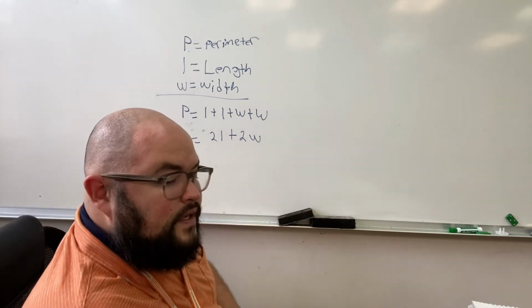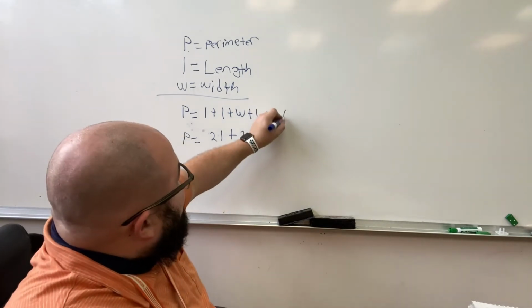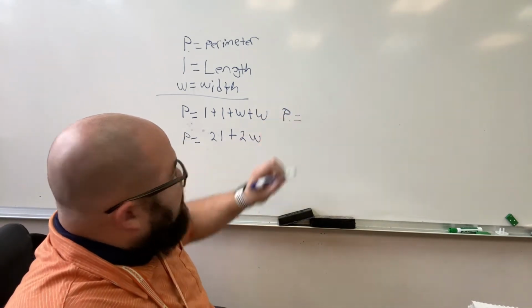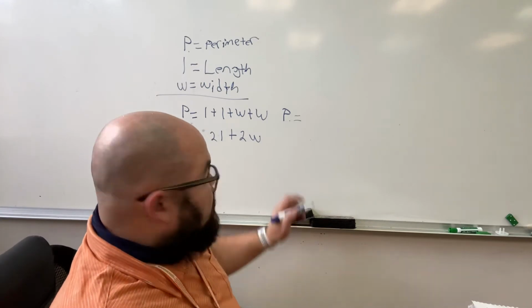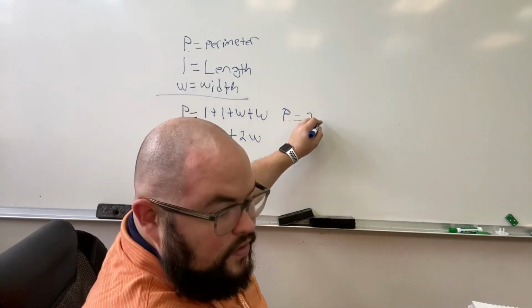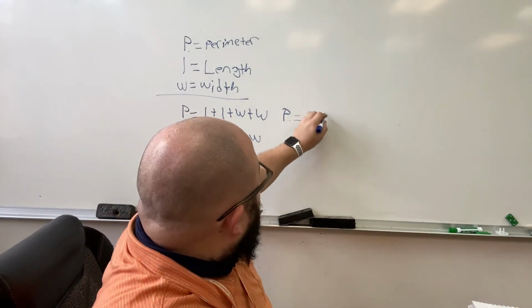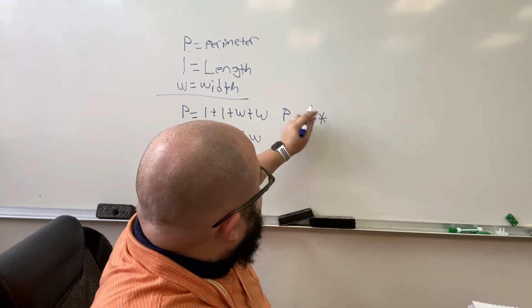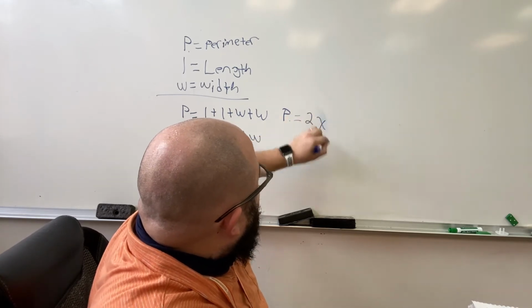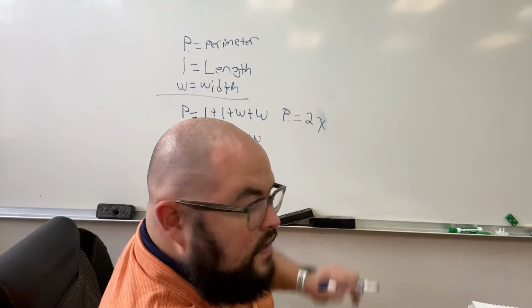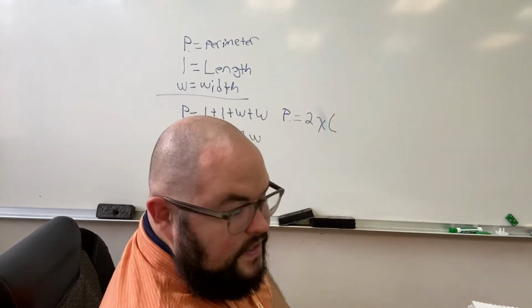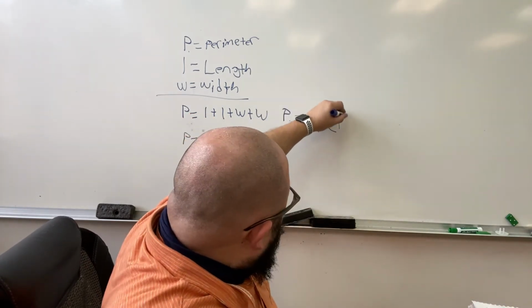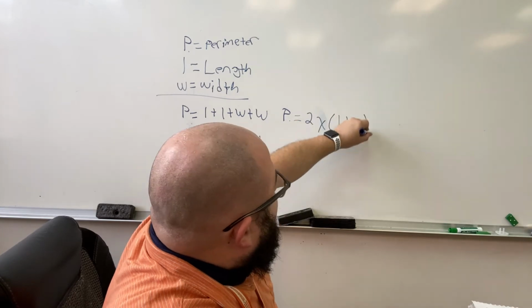And then the last one is, I'm going to write over here, P equals 2, and then there's this little star looking thing, but that really just means times, okay? Times, and then there's those parentheses, length plus width.